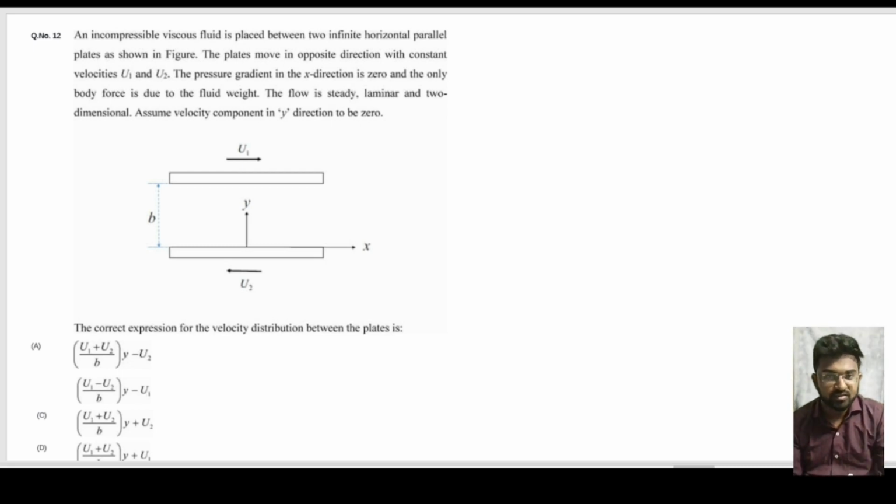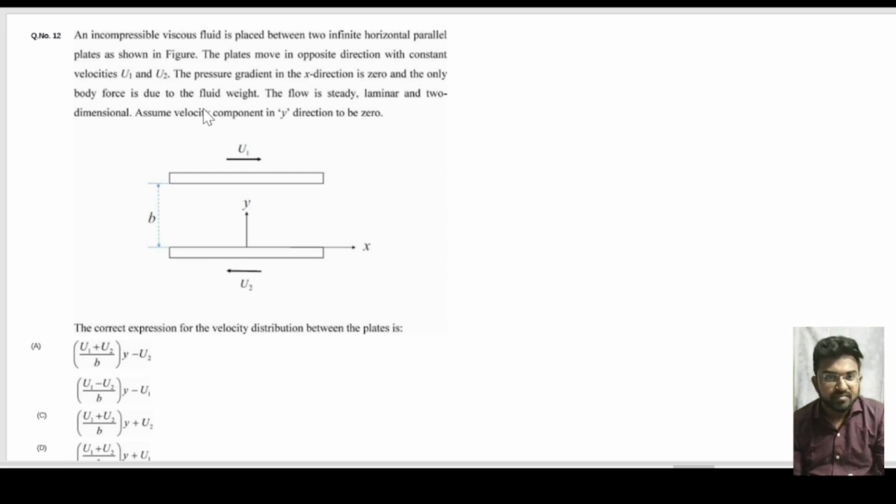Okay, so let's start. Here they are saying an incompressible viscous fluid is placed between two infinite horizontal parallel plates. The plates move in opposite directions with constant velocities u1 and u2. So the upper plate is moving in the positive x direction and the lower plate is moving in the negative x direction with u2 as a velocity magnitude.